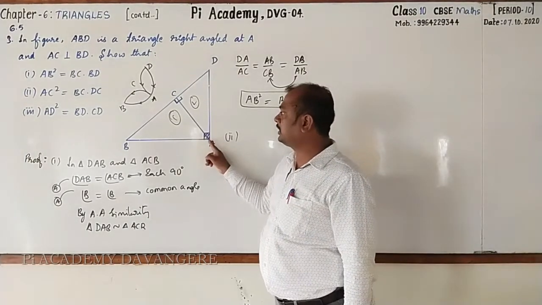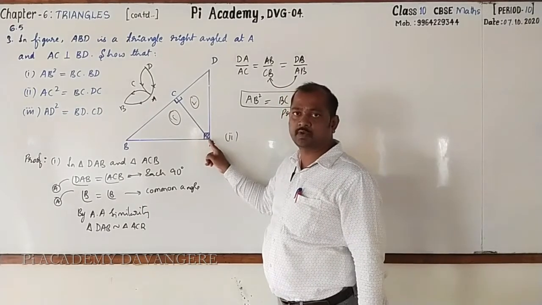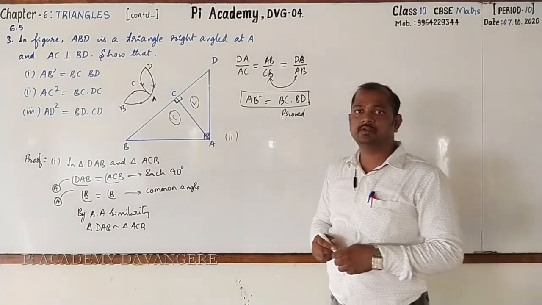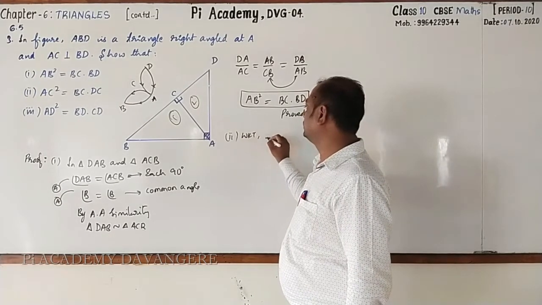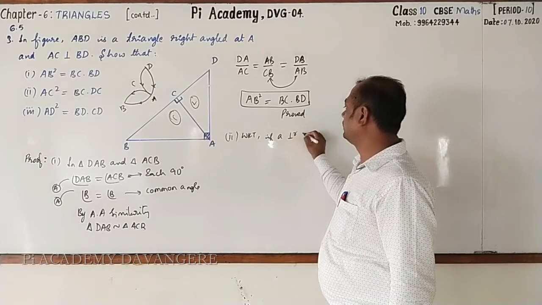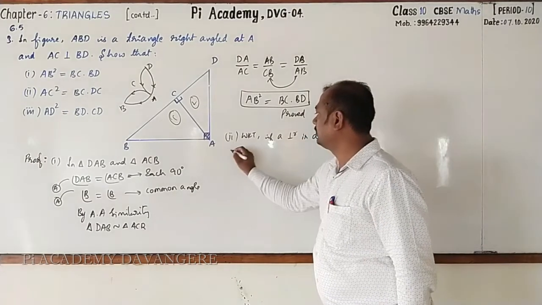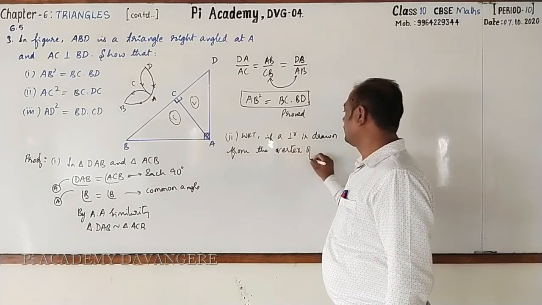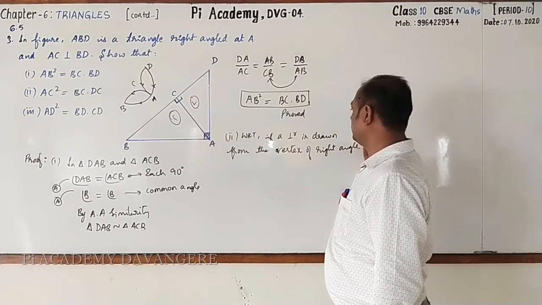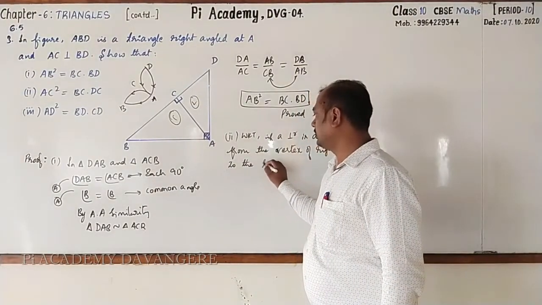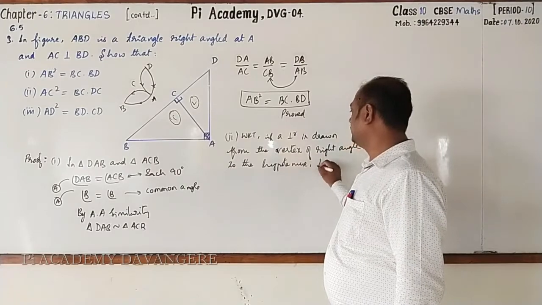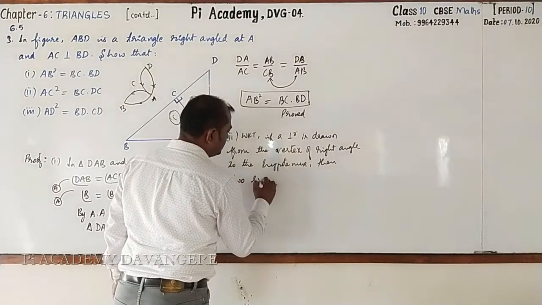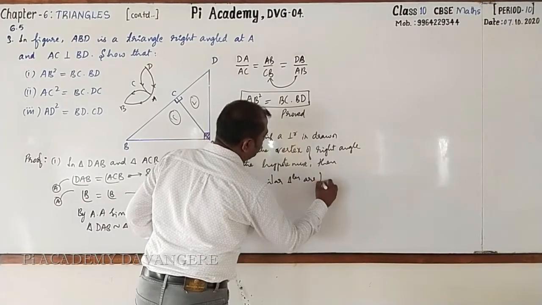We know that if a perpendicular is drawn from the vertex of the right angle to the hypotenuse, then it divides it into two similar triangles. Then two similar triangles are formed.